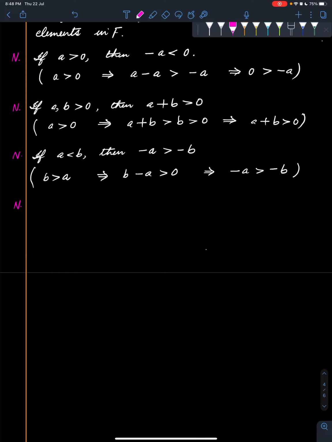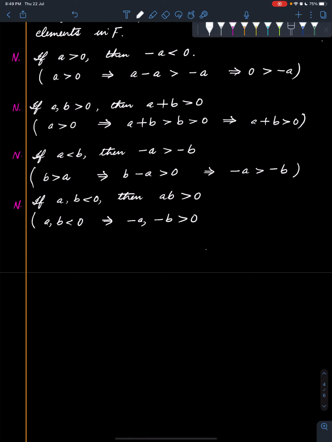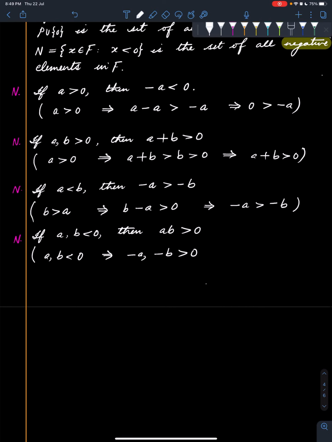Similarly, we have another one: if A and B are both negative, then their product is positive. This one is because, as we noted here, just like this one, well, it's the opposite of that, so you can prove that if A is less than 0, then minus A is greater than 0.